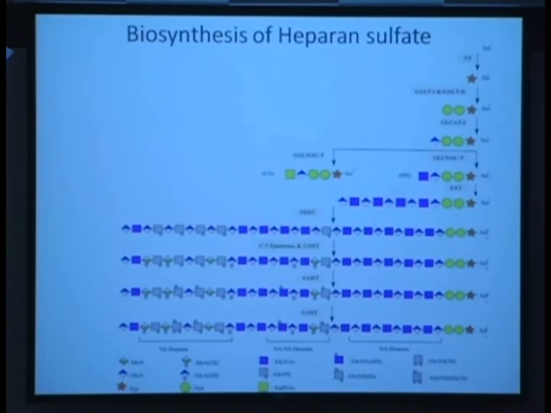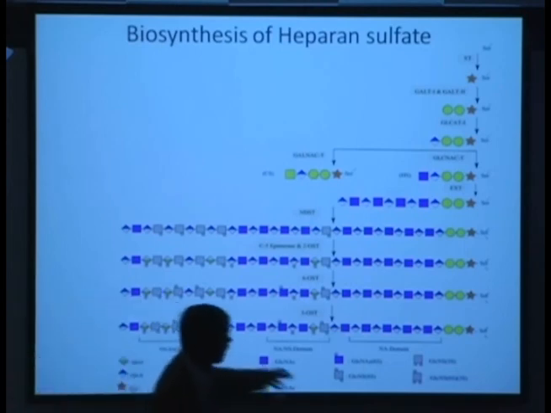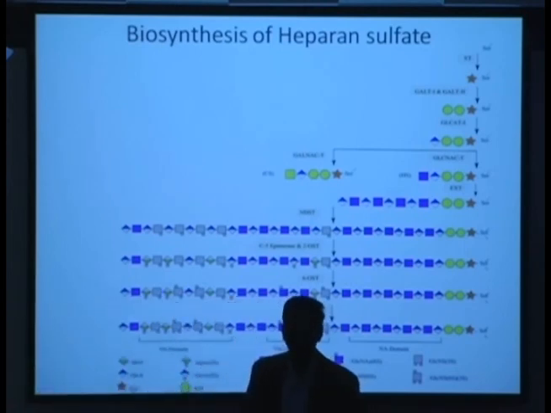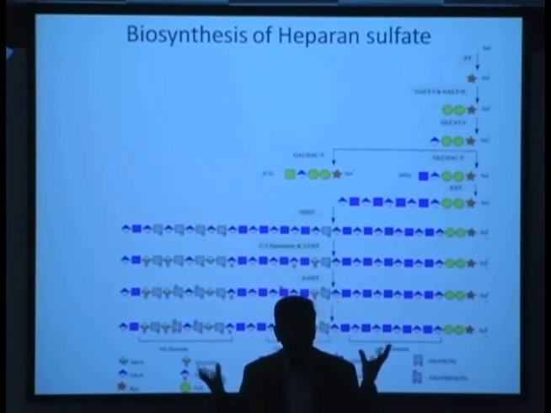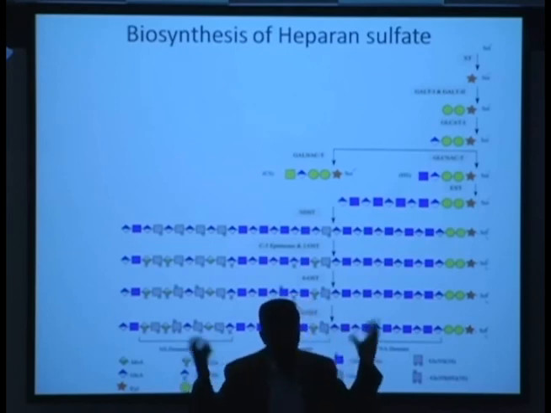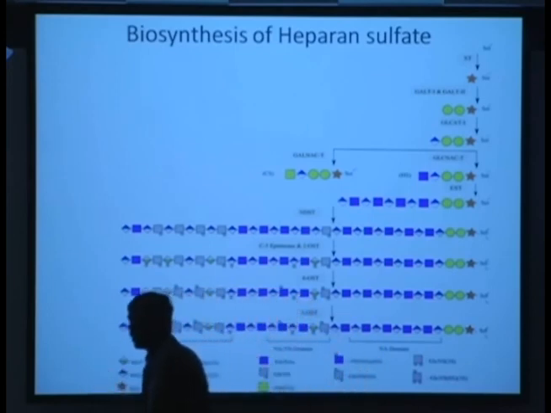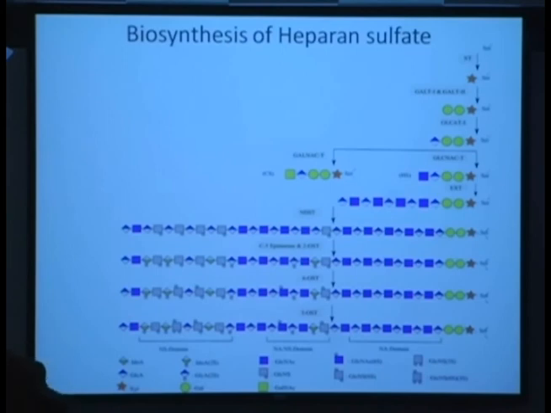Okay, so the question is, this molecule undergoes all these modifications with the core protein attached to it, so how does this molecule get outside the cell? They get secreted, because the Golgi is very mosaic, very flexible. It's not exactly a vesicle, but they get secreted in vesicle forms.